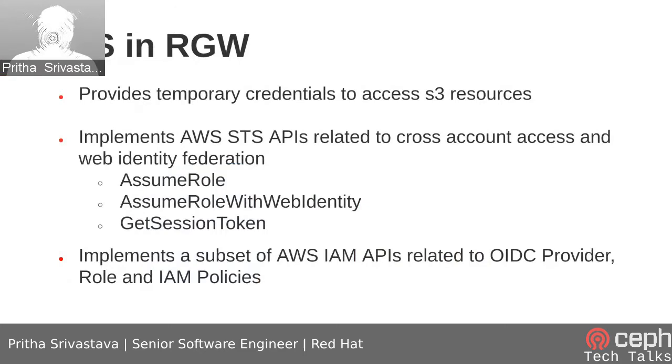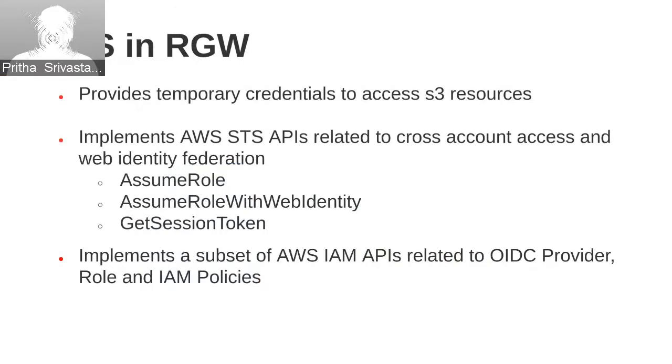And to achieve that, we have implemented a subset of STS APIs, primarily related to cross-account access and web identity federation. And the APIs that have been implemented are AssumeRoleWithWebIdentity and GetSessionToken. And since STS depends on IAM, a subset of AWS IAM APIs related to roles, OpenID Connect provider, and IAM policies have also been implemented.